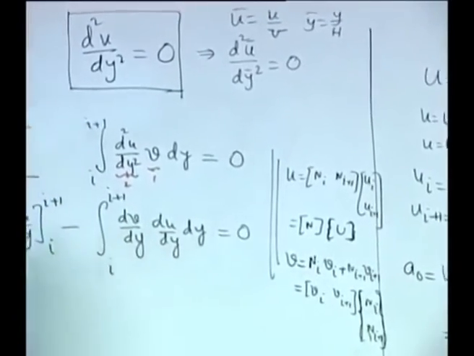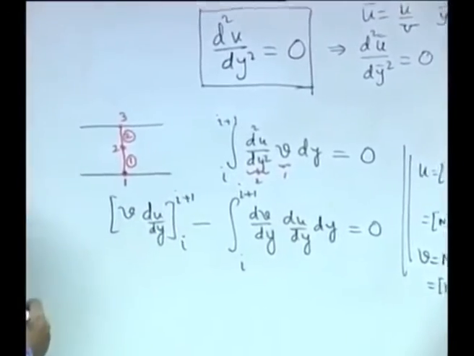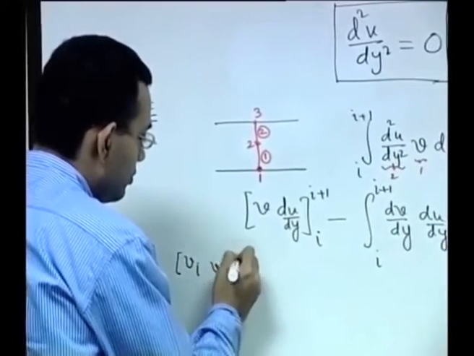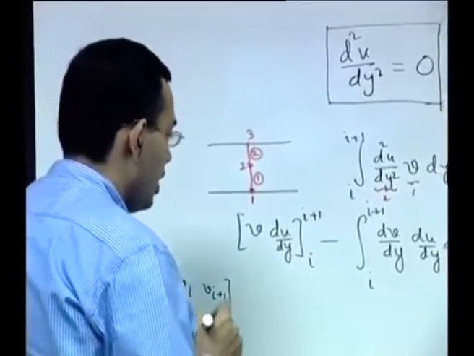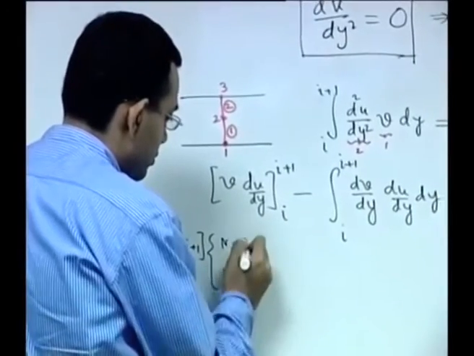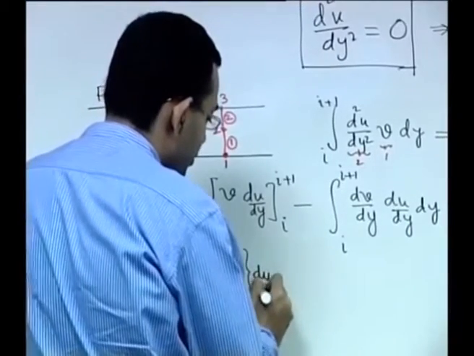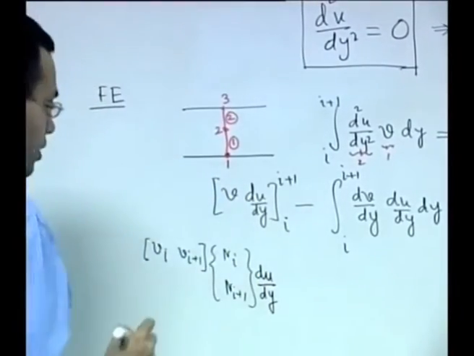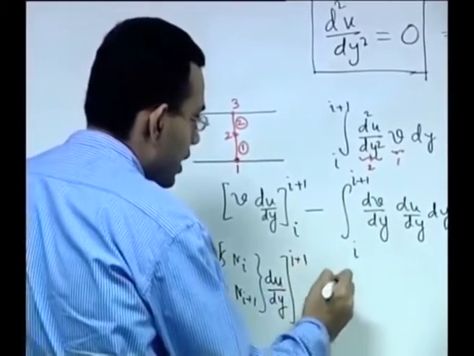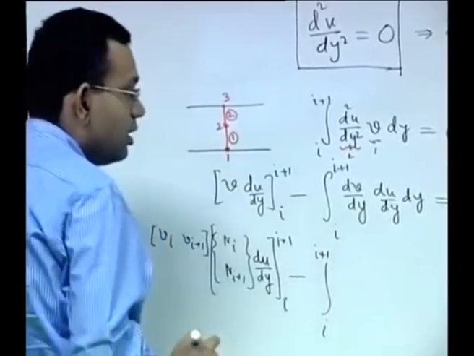Let us substitute those here. In place of V we write V_i, V_{i+1} into N_i, N_{i+1} multiplied by du/dy at i plus 1, minus the integral from i to i plus 1 of dv/dy.